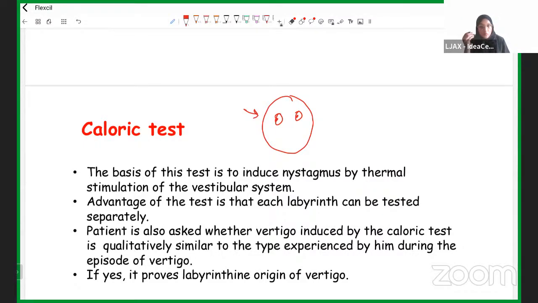Let's assume you put the cold water in the right ear, so the patient's eyes will move towards the right side, the same side. Now, if you put in warm water, the patient's eyes will move to the opposite side.